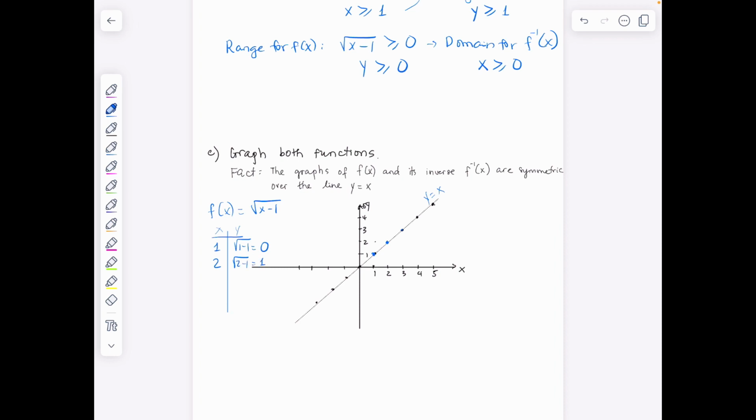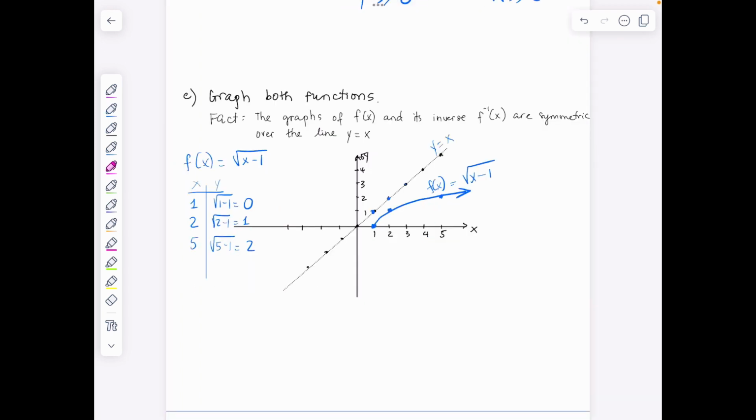And let's say x could also be 5. So then square root of 5 minus 1, that's square root of 4, which gives you 2. Let's plot those points. So 1, 0, 2, 1, 5, 2. So it's this curve right here. This is the graph of square root of x minus 1, which is the f of x function.